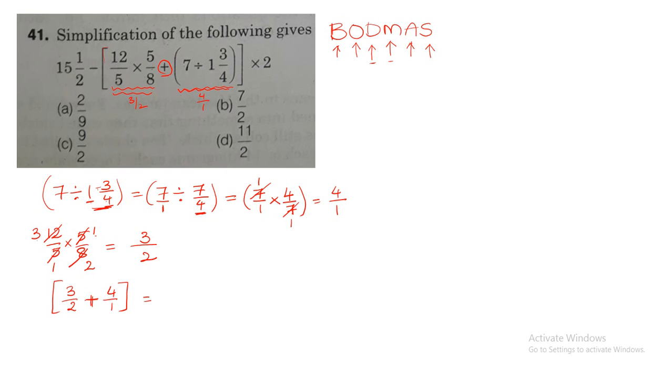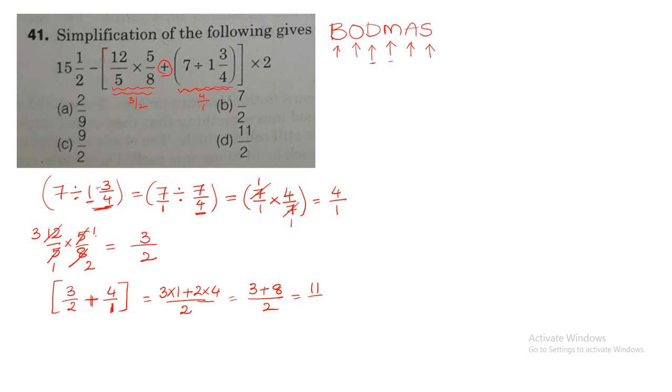Since the denominators are different, we need to make them the same by taking the LCM. What is the LCM of 2 and 1? It is 2. In the 2 table, 2 goes one time, so numerator value into 1, plus, in the 1 table, 2 goes 2 times, so this becomes 2 into 4. Which gives me 3 ones are 3 plus 2 fours are 8, divided by 2.